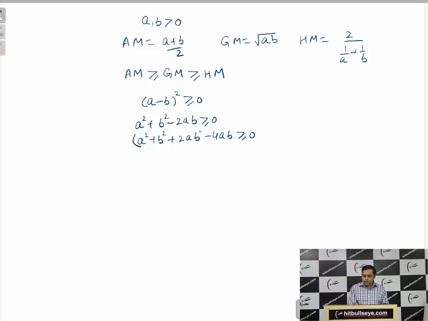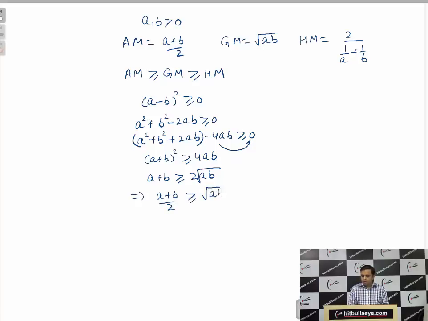Now the left hand side becomes A plus B whole square, and taking the other term to the other side, A plus B whole square is greater than or equal to 4AB. From here, A plus B is greater than or equal to 2 under root AB, so A plus B upon 2 is greater than or equal to under root AB.